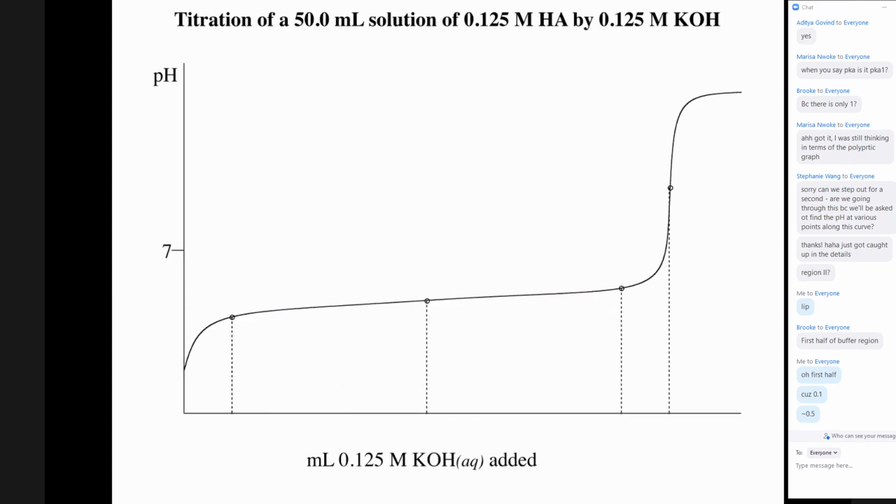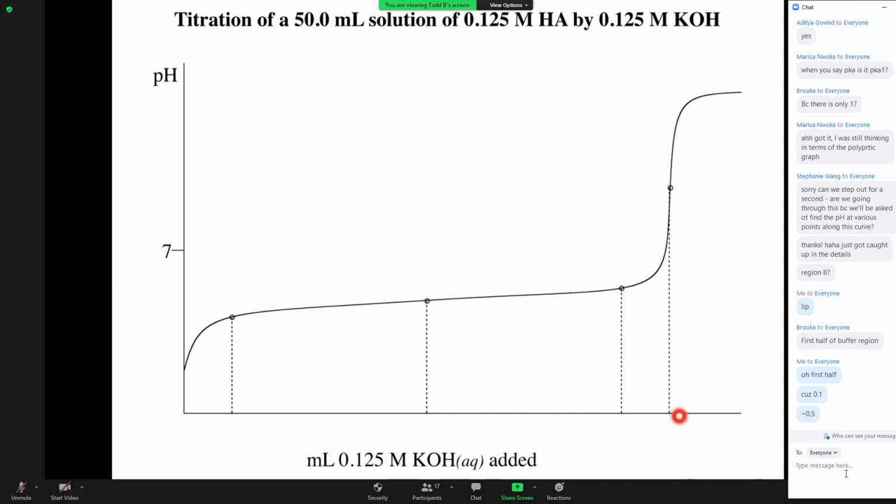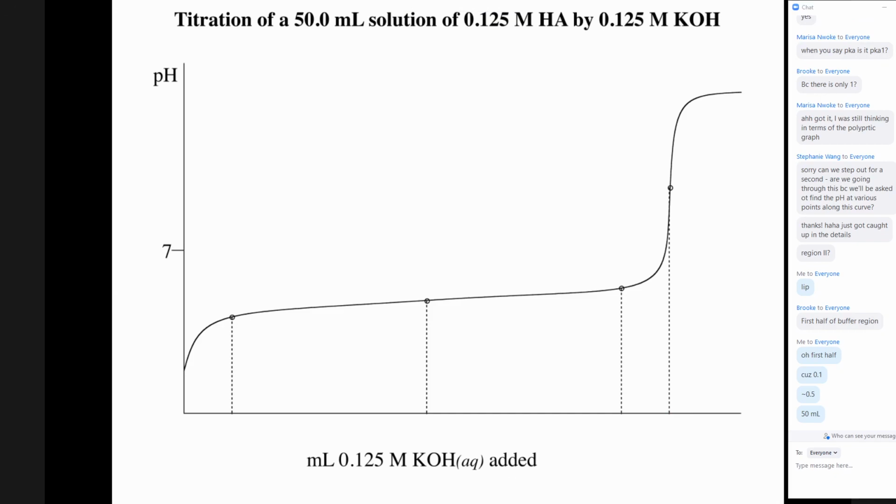So for instance, if I titrated a weak acid, 0.125 molar, with 0.125 molar KOH, and I have 50 milliliters of acid at this concentration, how many milliliters of base at that concentration do I need to reach equivalence? So if I did M1V1 equals M2V2, perfect.